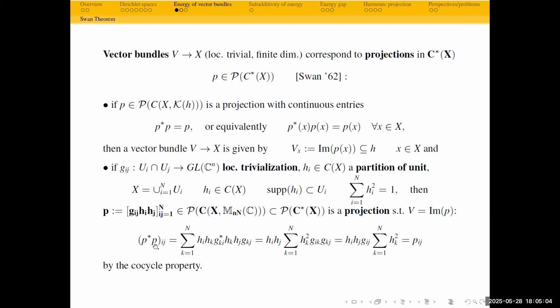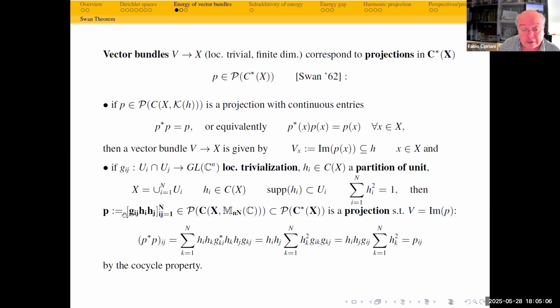No, no. One verifies that this operator P, this function with values in matrices, so in compact operators, satisfies the equation of a projection, or orthogonal projection, just by the cocycle property verified by g_ij.